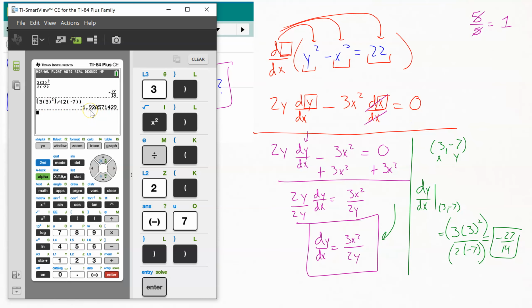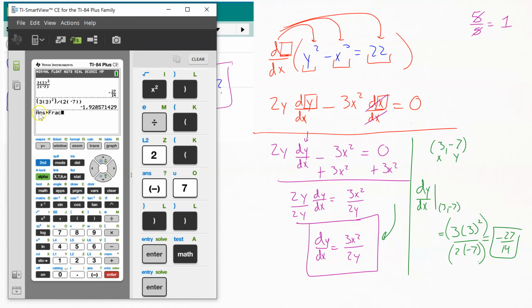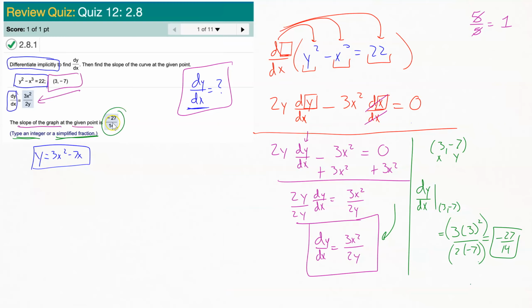Here it gives us a decimal, but like we talked about, we know we need a fraction for the answer. And so that's when you're going to go ahead and hit math and then number 1, frac, right there, hit enter on that option. And you'll see it puts Ans. It's going to grab that answer and turn it into a fraction for us if it can. And sure enough, it did. It turned it into that same fraction, negative 27 over 14. And so that's the second part of the answer on this problem.